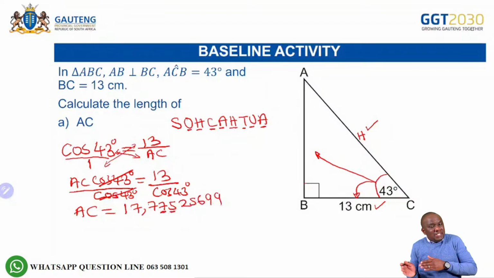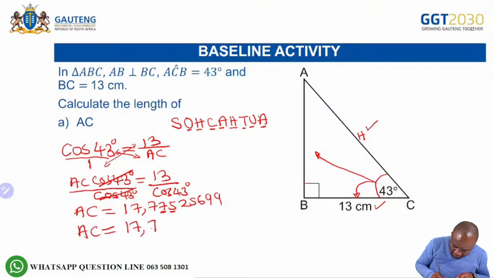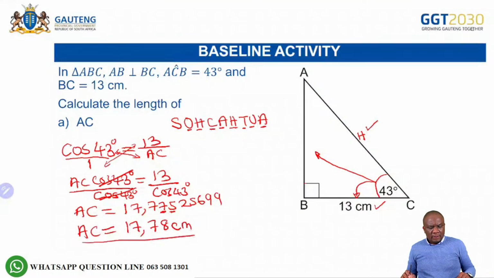Just look at the number next to the second decimal place. If it's 5 or more, then the number in the second decimal place goes up by 1 unit, and if it's less than 5, it doesn't change. So AC is equal to 17.78 centimeters.